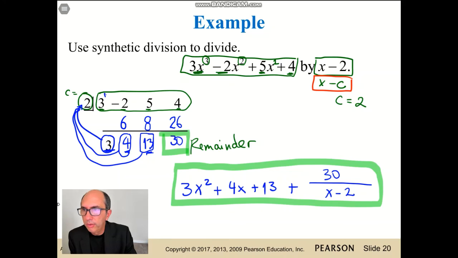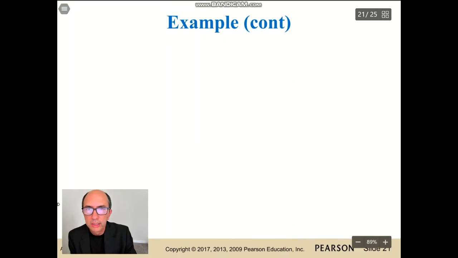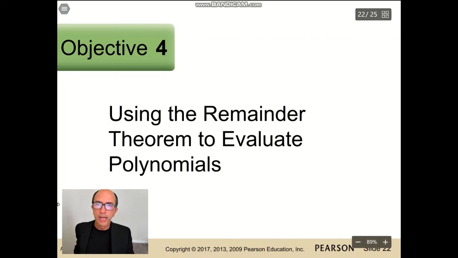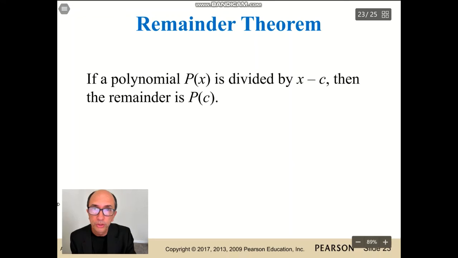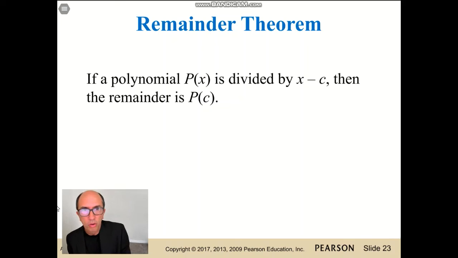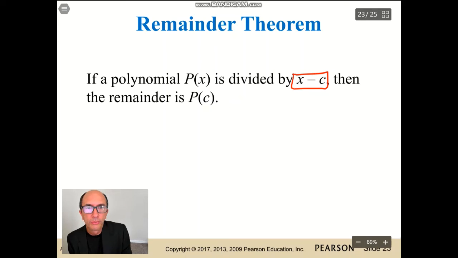Okay, now let's move to the next objective: using the remainder theorem to evaluate polynomials. The remainder theorem is quite useful, because you can find the remainder of a division pretty quickly. Again, this is applicable if the division is by a binomial of the form x minus c.